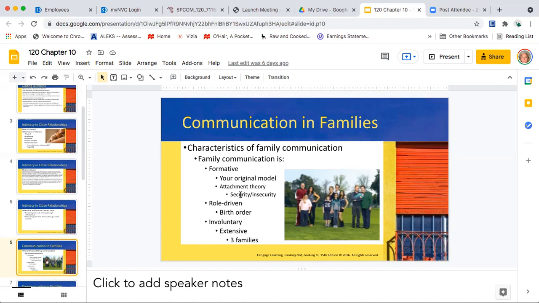And also, there's this idea that your book talks about having to do with attachment theory. And it's a really, really good theory. It's still very well supported by scholars. And basically, the theory says that how you attach to your parents does shape you for the rest of your life, and does have a tendency to have an effect on your security or insecurity.